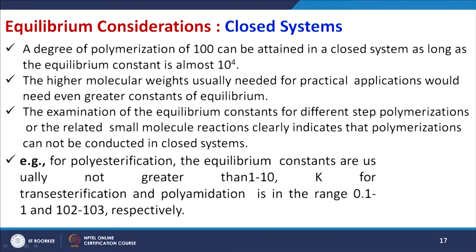Now, a degree of polymerization of 100 can be achieved in a closed system only as long as the equilibrium constant is almost 10 to the power 4. The higher molecular weights usually needed for practical application would need even greater equilibrium constants.